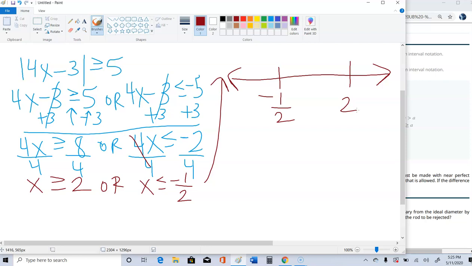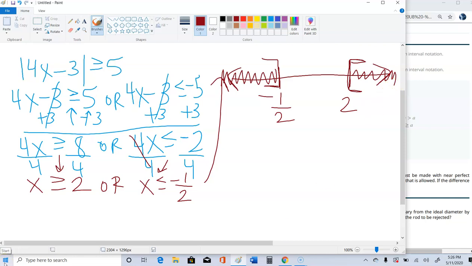Because it's less than or equal to, we need a bracket at negative 1/2, and the shading is going to the left because our arrow is pointing to the left. Now to graph x greater than or equal to positive 2, because the arrow is pointing to the right, that's the same direction we'll shade. So we have brackets again, and our shading is going toward the right.